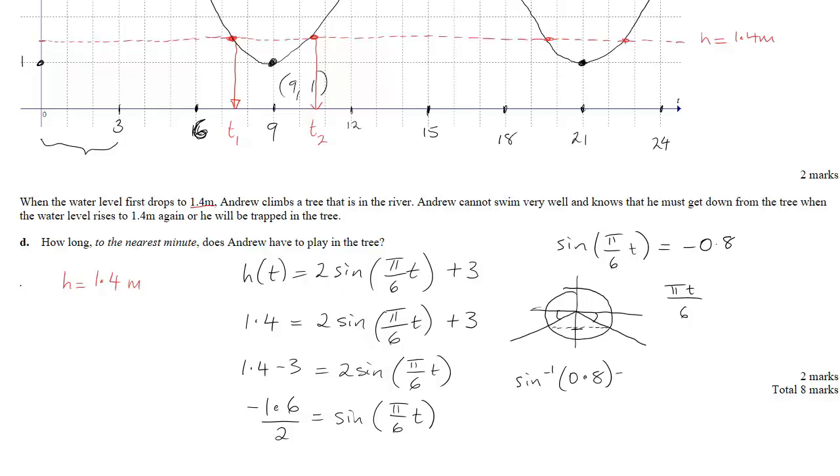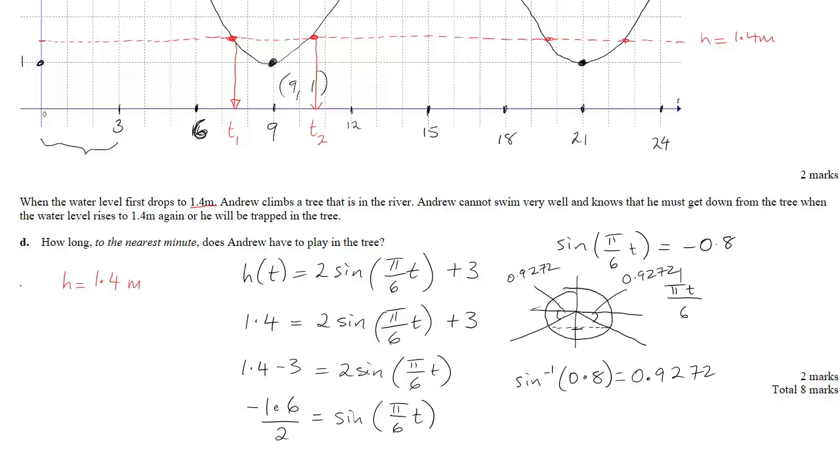Now we know that sine inverse of 0.8 generates a value of 0.9272. This has to be in radians, and you do need your calculator to work that out. It's not an exact value. So that means that this angle here is 0.9272, and this angle here is 0.9272.